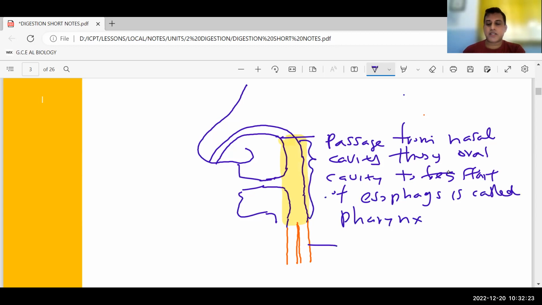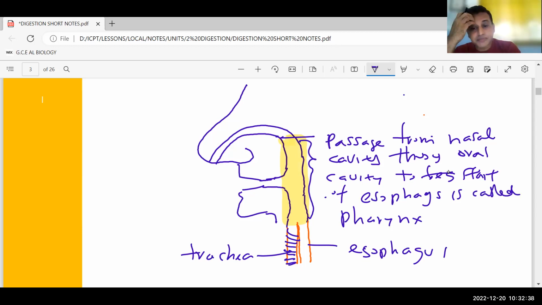This is esophagus. This is trachea. Okay, now trachea is going to the lungs and esophagus is going to the stomach.